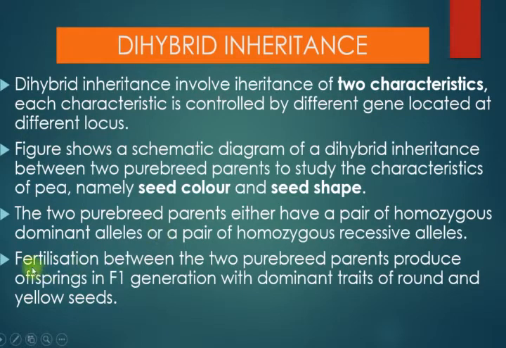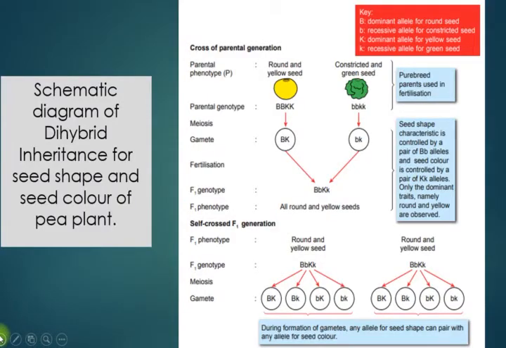Then, fertilization between the two purebred parents produces offspring in the F1 generation, or first filial generation, with the dominant traits of round and yellow seed. So let's take a look at the schematic diagram of the dihybrid inheritance for seed shape and seed color of the pea plant in your textbook on page 238.